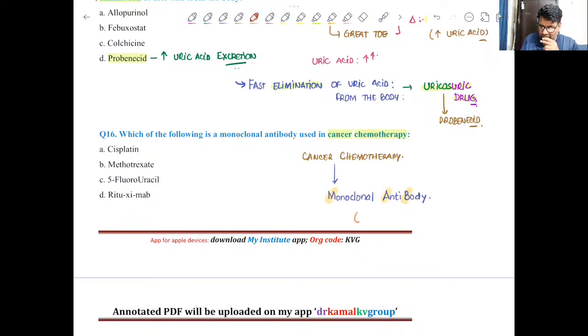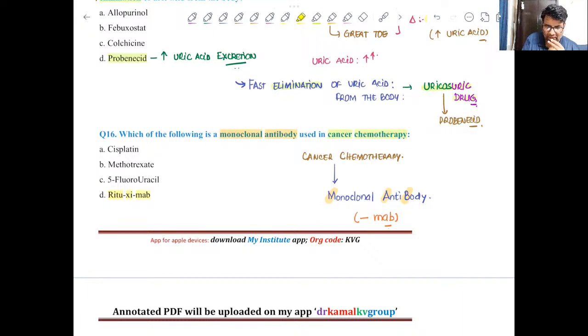So the moment you have this word MAB, monoclonal antibody, yes Siva Kumar, very good, MABs. So the moment you have this word MABs, it itself suggests that we are discussing monoclonal antibody. Okay, so any drug which ends with MAB is a monoclonal antibody.